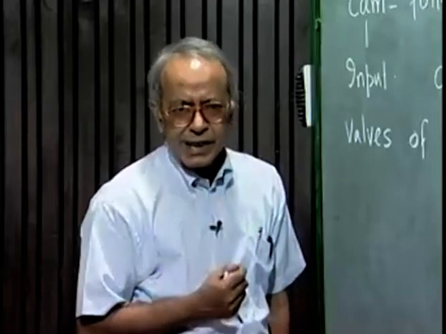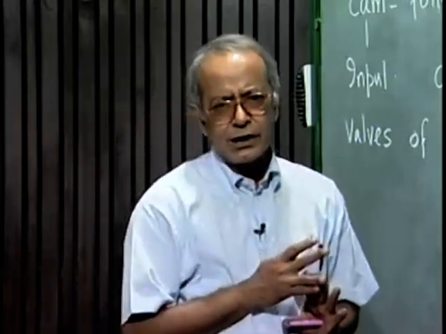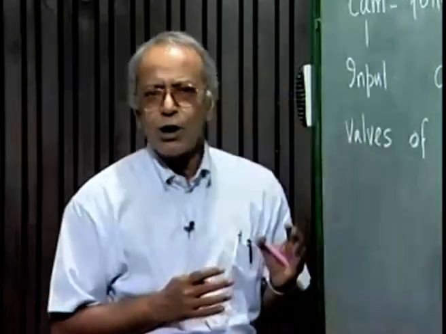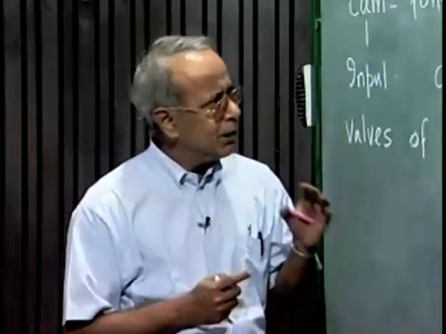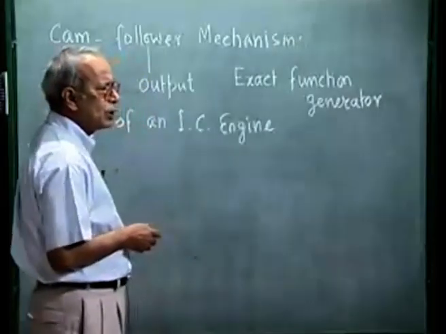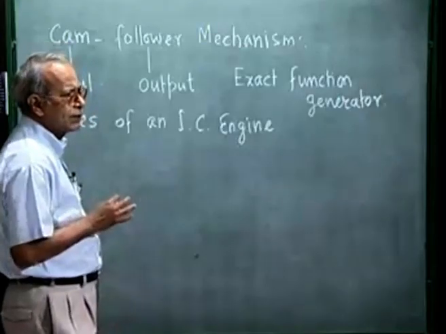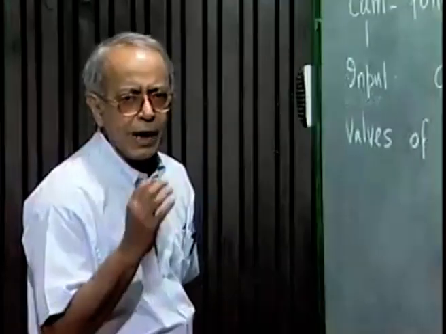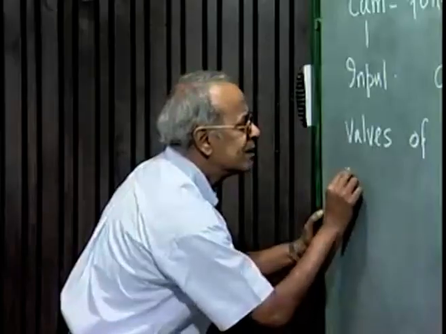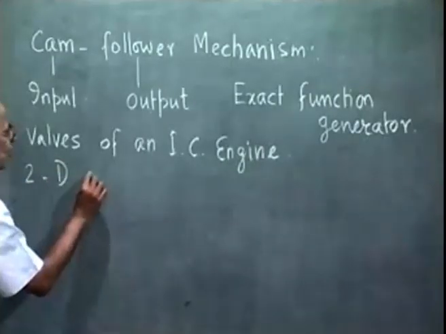In the case of linkages, we restricted our discussion only to planar or two-dimensional linkages. Similarly, for cam follower mechanisms also, we will restrict our discussion only to planar or two-dimensional, that is 2D.